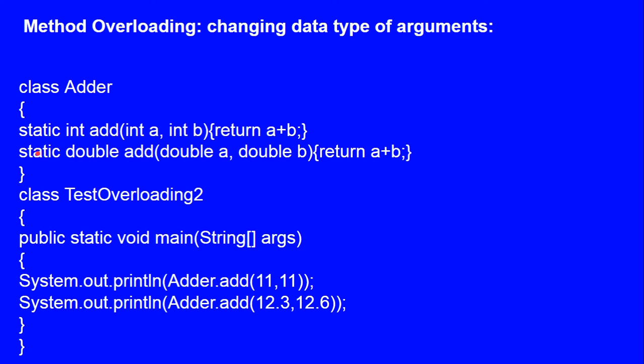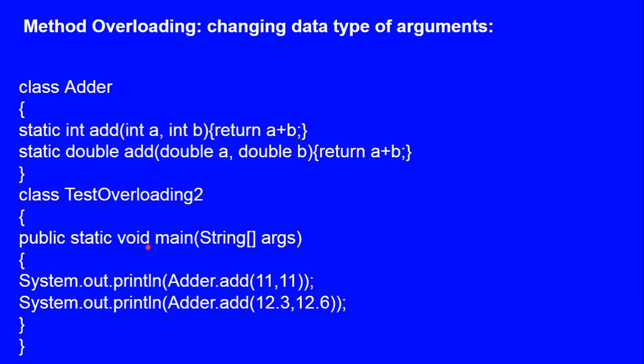The next function is static double add, double a, double b, return a plus b. So this add is going to add two integers, and this add is going to add two floating point variables. Now the overloading is done by the types of the arguments. In this the type is integer, in this the type is floating point value, but both have the same function name, add.